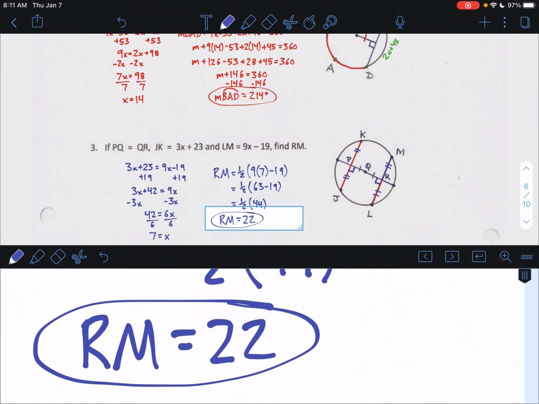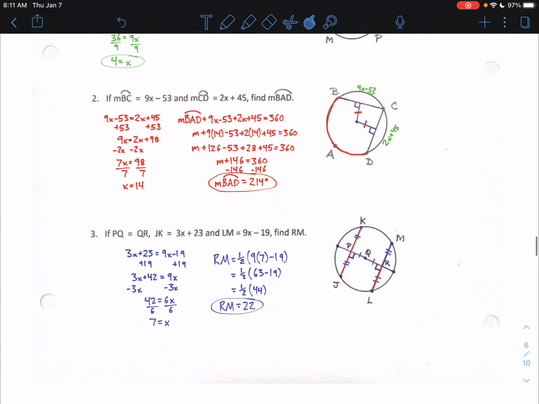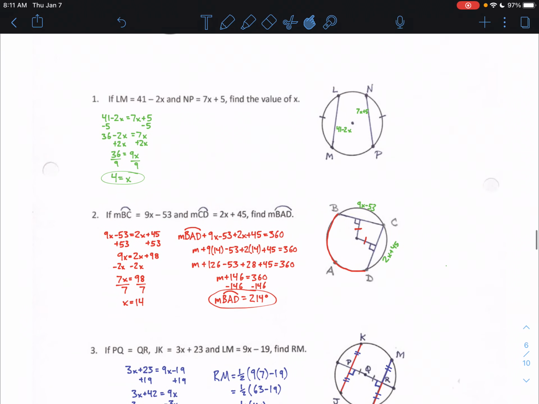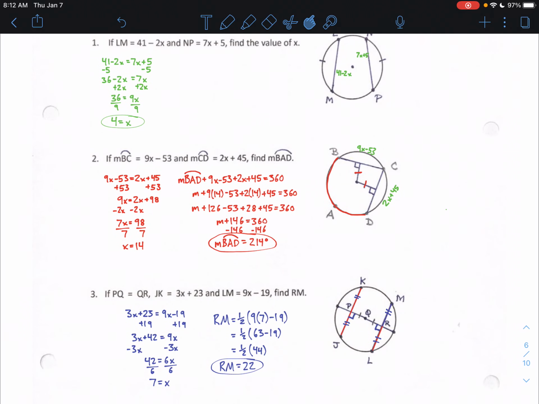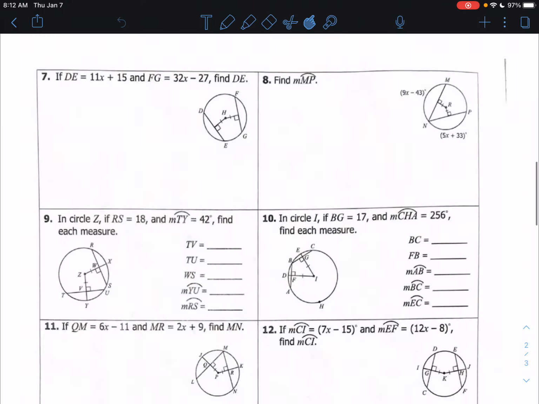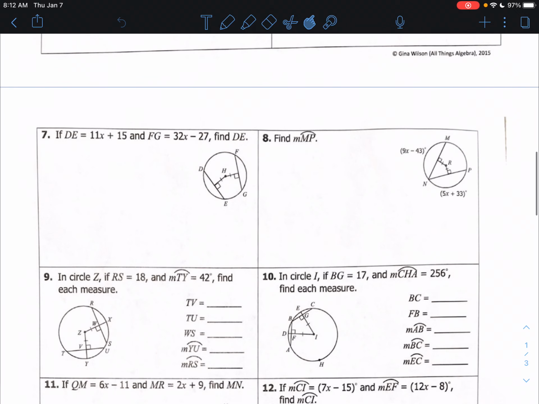All right. So that was the extent of today's notes. I'm going to go over today's assignment just a tiny bit. Let's look at today's assignment. I believe it's called Chords and Arcs in Schoology. Yes, it is. We can see that there are 16 questions here.